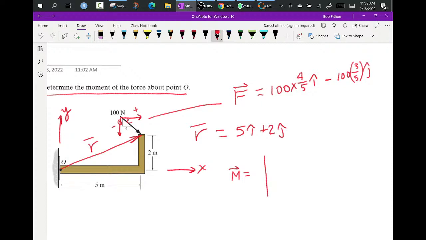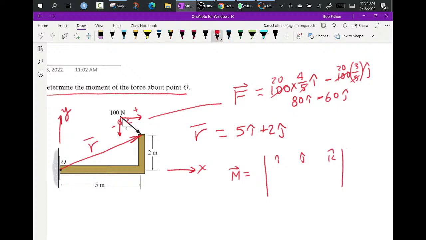This will give me 20, and that'll give me 80I minus 20 will give me 60J. Okay, I, J, K, we move this over.